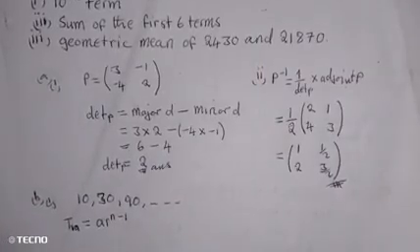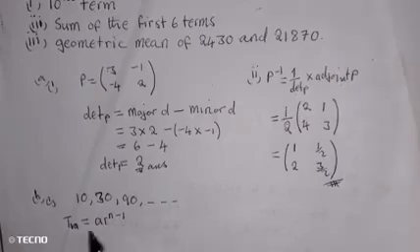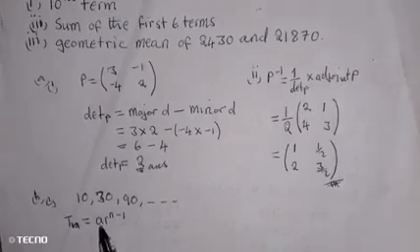This is the formula that we use for a GP, where a is the first term, r is the common ratio, and n is the number of terms.